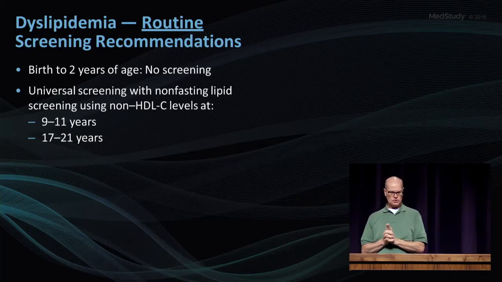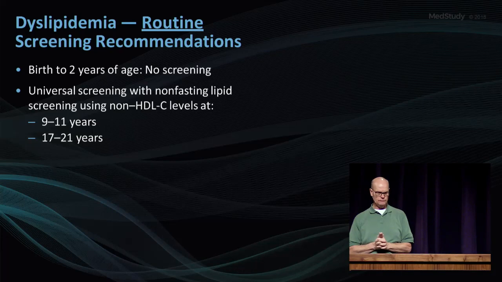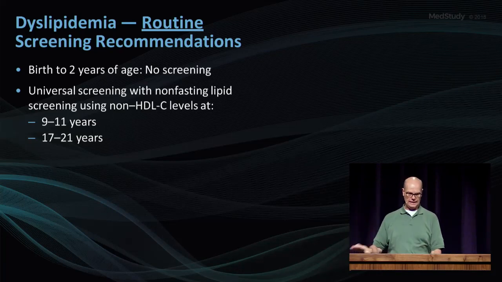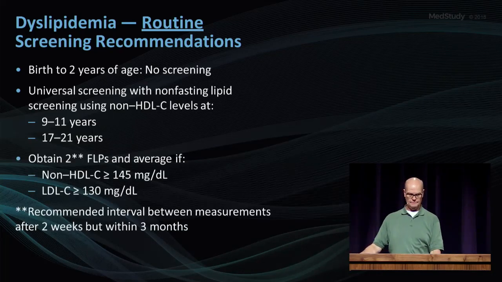The definitions of universal screening are reviewed again here, 9 and 11 and 17 and 21. Be sure to obtain 2 fasting lipid panels if these are the results of the universal screening.